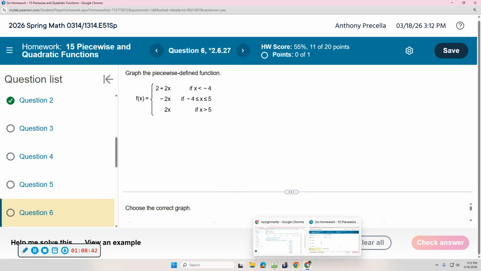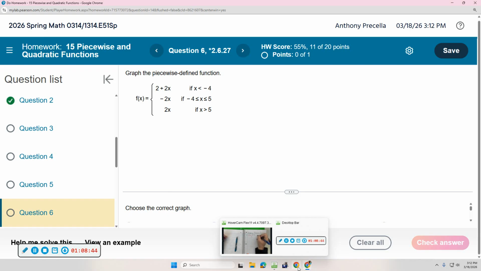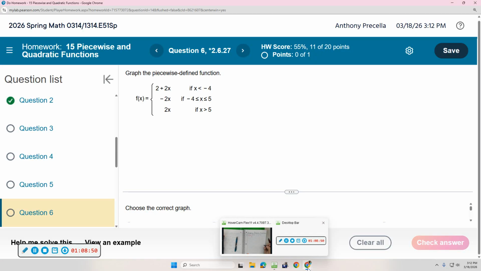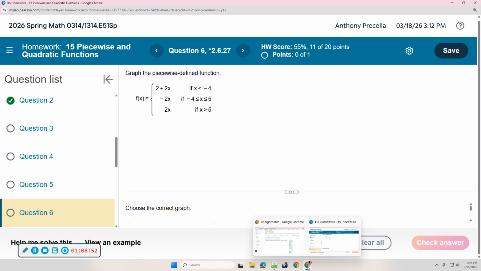2 plus 2x is the piece we'll use if x is less than negative 4. I like them to say if, or just a comma. I prefer just a comma, x less than negative 4. We'll use the piece.